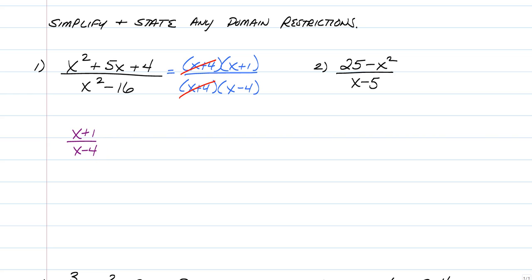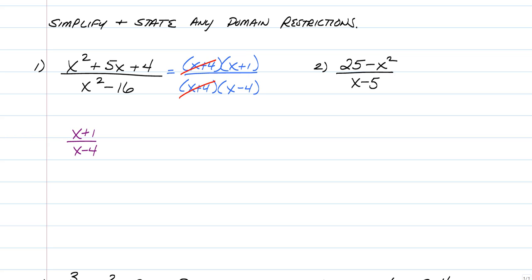So now we need to talk about what the domain is, because this is going to be important when it comes to graphing. So this video is kind of like your preview to graphing rational functions. So once we have a simplified expression, to find your domain, you need to think about what values are not allowed. Now, to do that, you have to look at a couple of things. The first thing you should look at is your denominator.